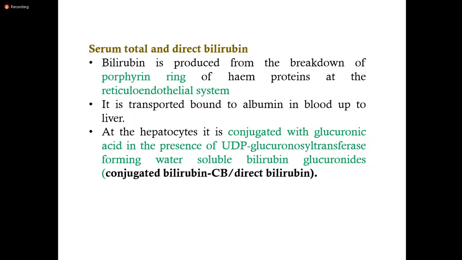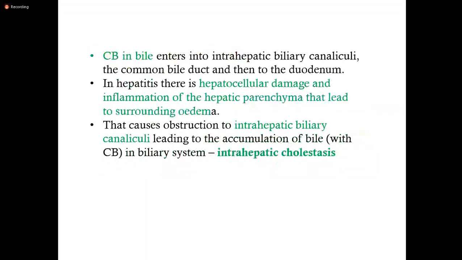So unconjugated bilirubin is made water soluble by making it conjugated bilirubin, or the same thing is called direct bilirubin. We know why we call it direct bilirubin: because conjugated bilirubin directly reacts with the Van den Bergh reagent.